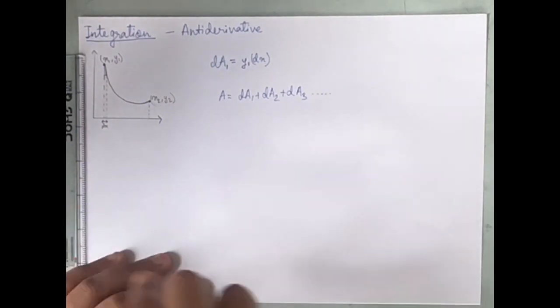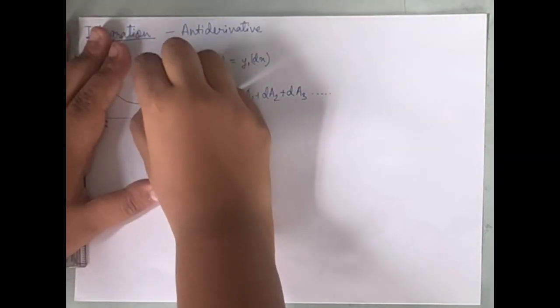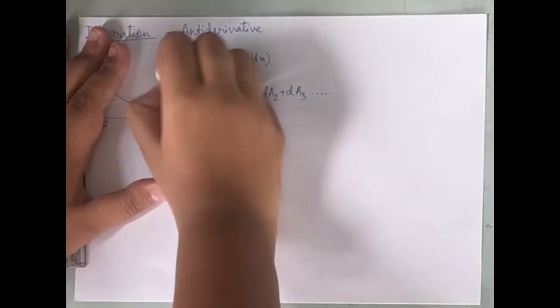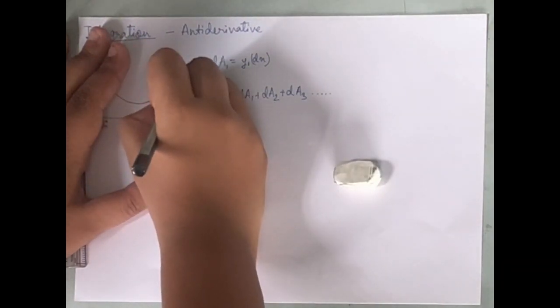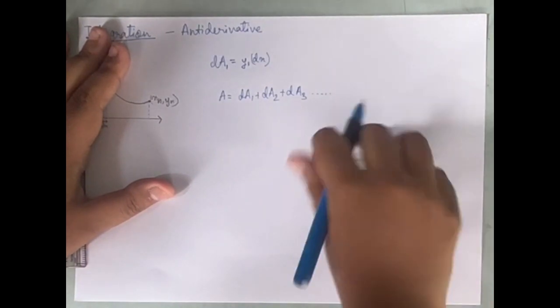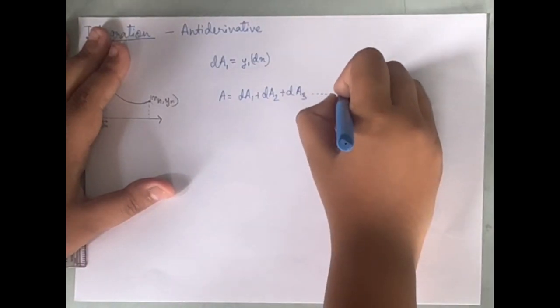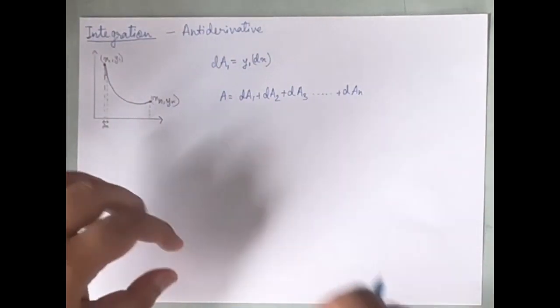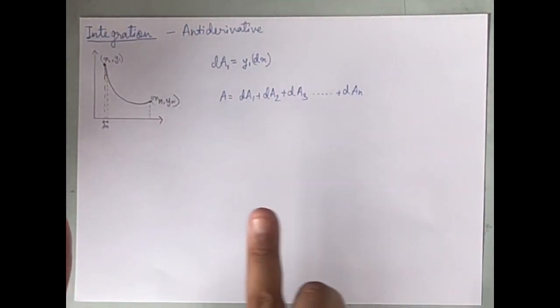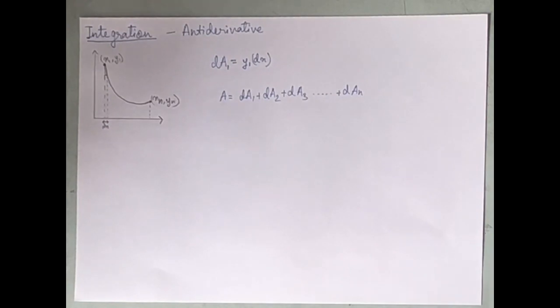I am just changing these points to xn, yn. Let's assume that this area is divided into n parts, up to dAn. All the parts are very small, so we can write dAn or dA3, dA2.